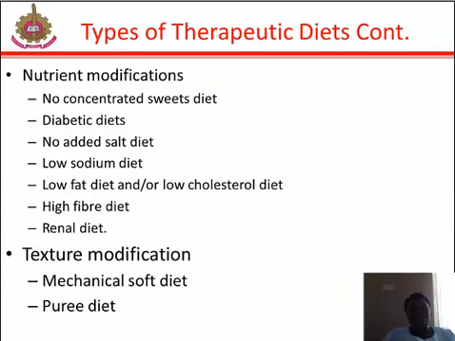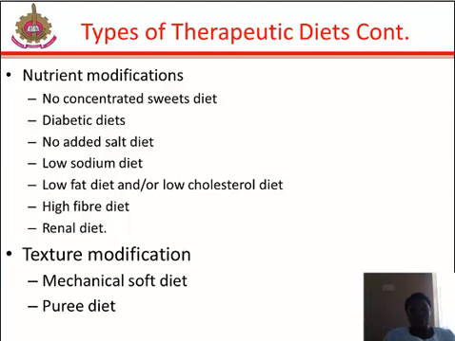For nutrient modifications, we can have a no concentrated sweets diet. It can be a diabetic diet. There can be a no added salt diet. It can be a low sodium diet. It can be a low fat diet. It can be a high fiber diet. It can be a renal diet.